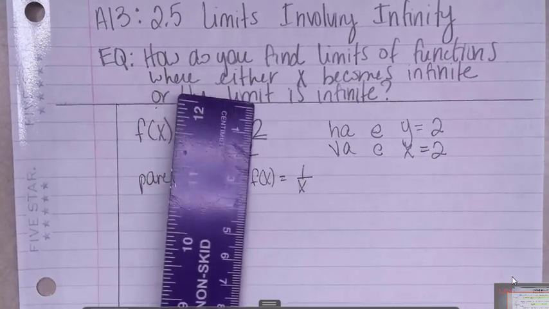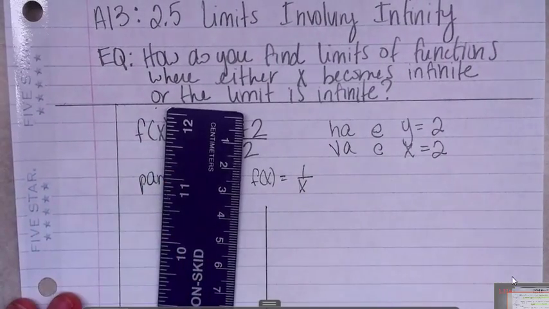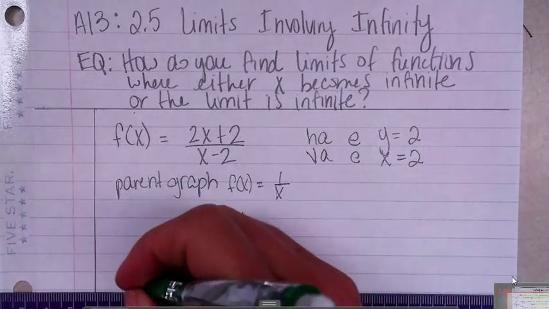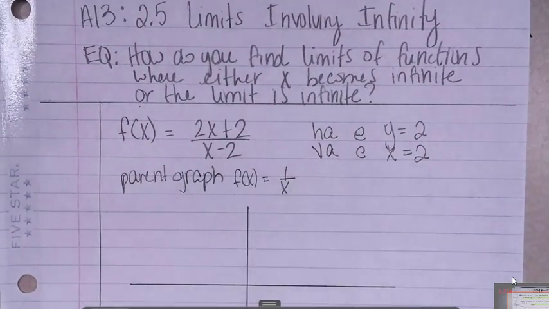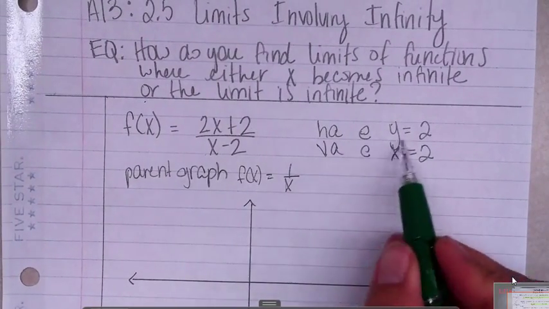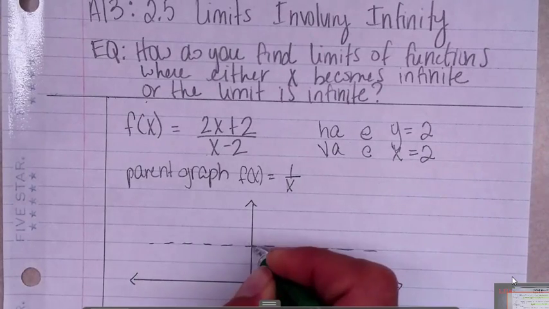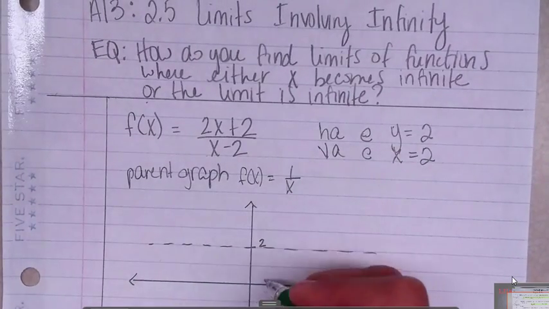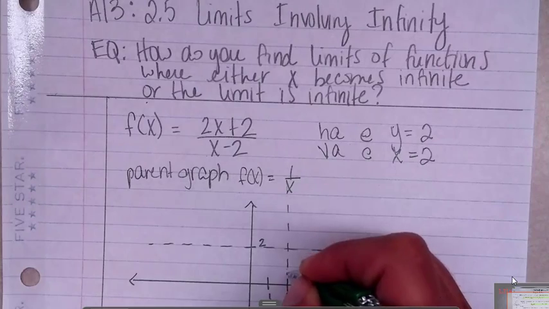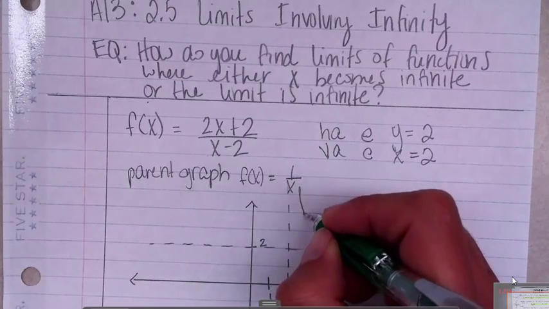All right, so thinking about that, I'm going to have a horizontal asymptote at y equals 2, and a vertical asymptote at x equals 2. And from there, my graph looks something like this.